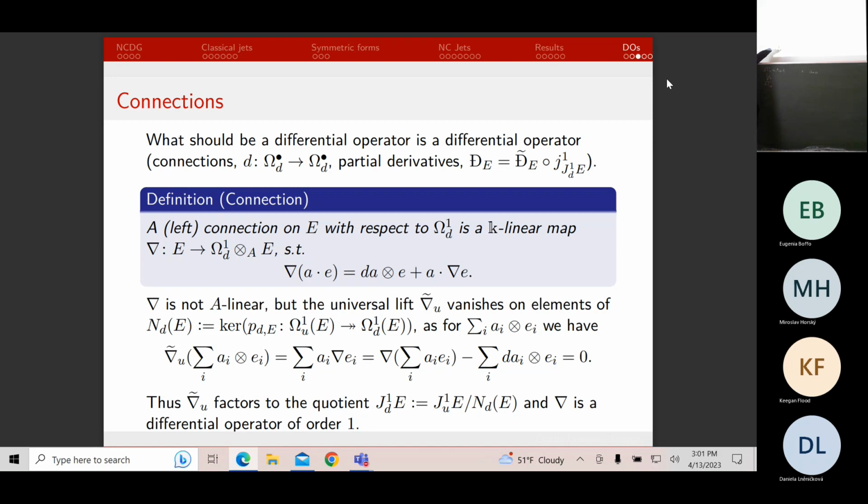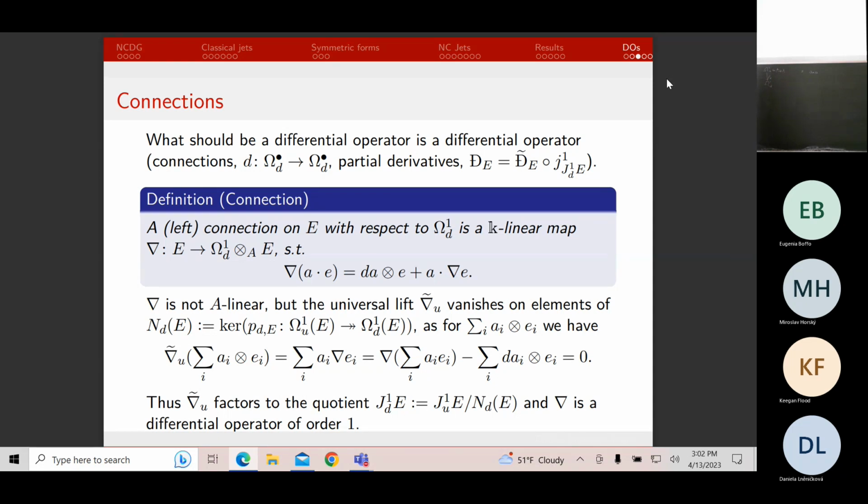First of all, we lift it to the universal case, where we know how this map works. We have to apply the connection in the middle of the two. Then we notice that they vanish on the object ND, which is the relation part that we have to push out from the universal jet to the actual jet. So they factor through the quotient J1E. So yes, connections are first order differential operators.